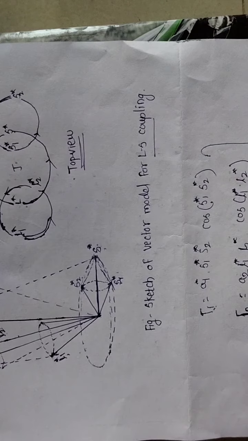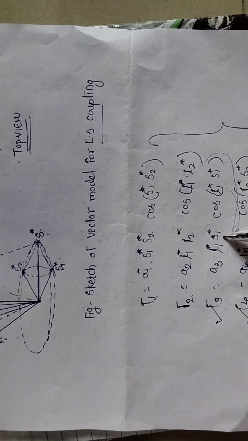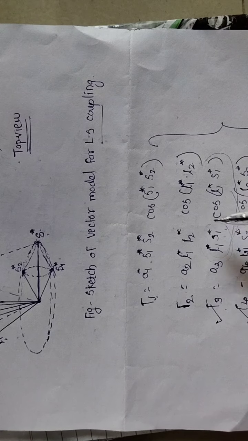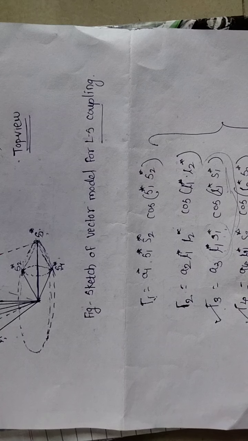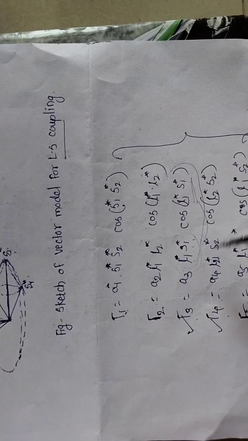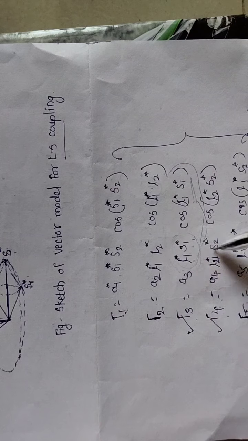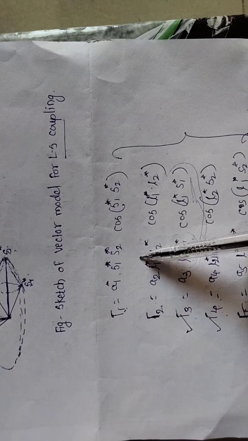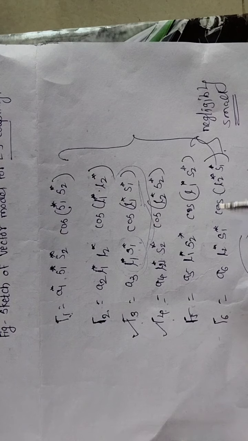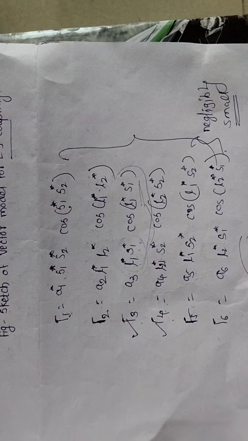In this figure we have not shown L1 star and S1 star coupled with each other and interacting with the resultant S star. The energy of those interactions will be small compared to these two interactions, and the remaining two we consider negligibly small.